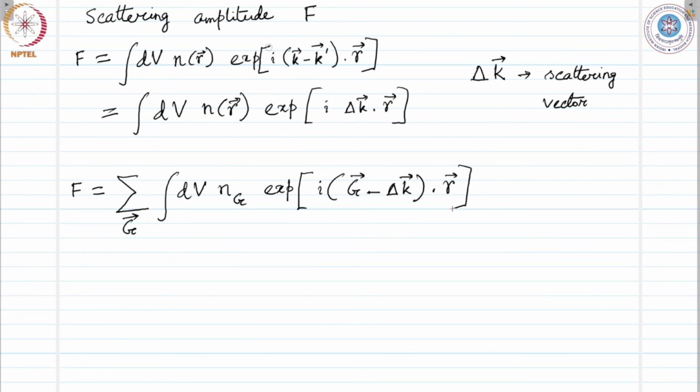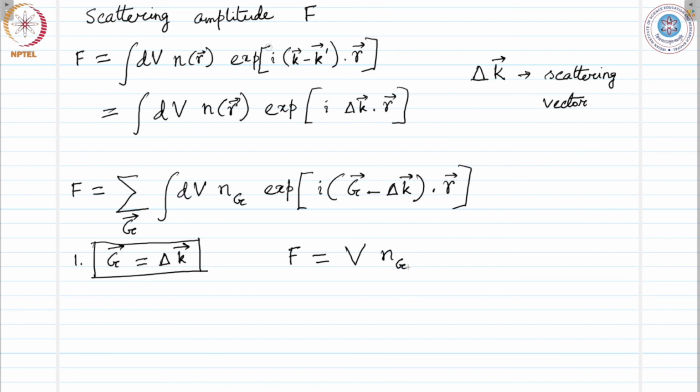Let's discuss two situations. First, G equals delta k. If we have this kind of a situation, what do we get? You can clearly see that the argument of this exponential goes to 0 in this condition. And if the argument of the exponential goes to 0, the exponential gives us 1. So in this condition, F will be nothing but total volume times n_G.